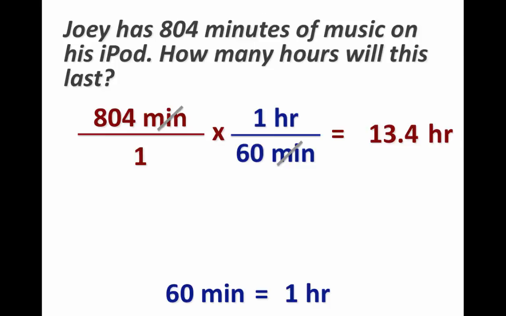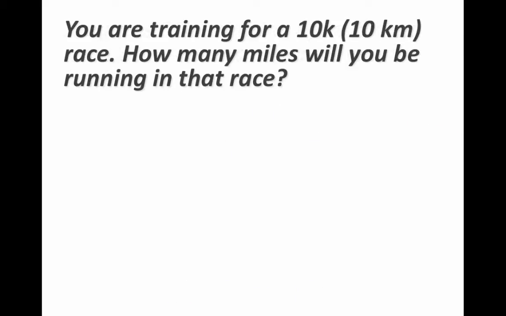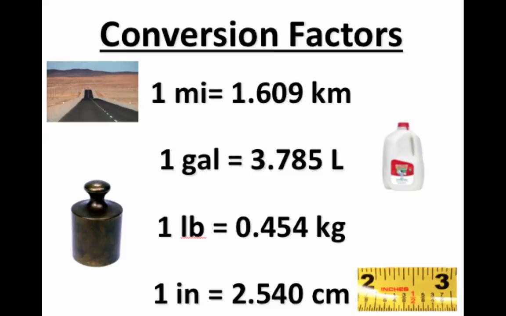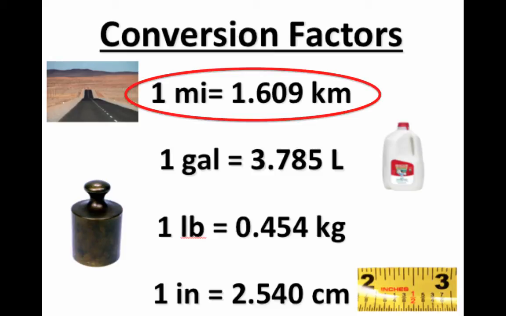Sure. Let's try another. You are training for a 10K race. How many miles will you be running in that race? In this problem, what is the given information? Right, 10 kilometers. Just like before, I'll start by writing the given over 1. Now, I'll see what conversion factors I can use. How about 1 mile equals 1.609 kilometers?